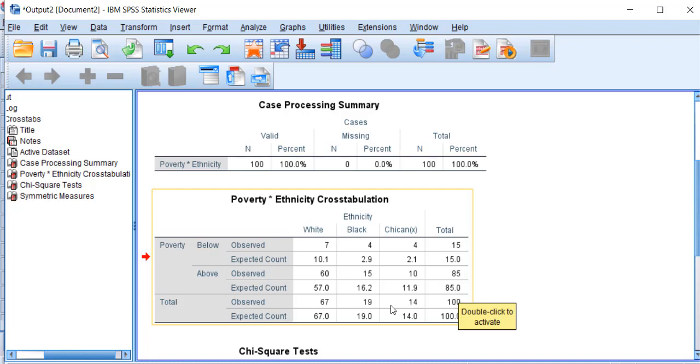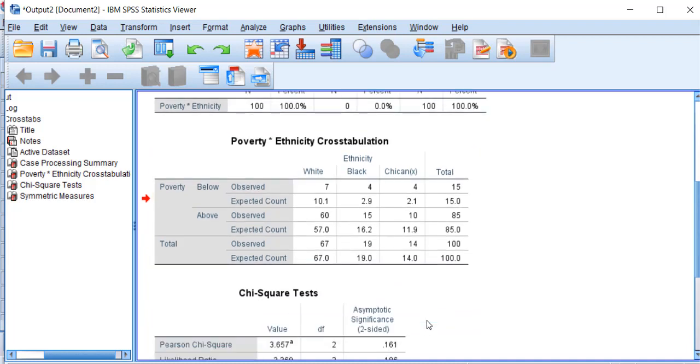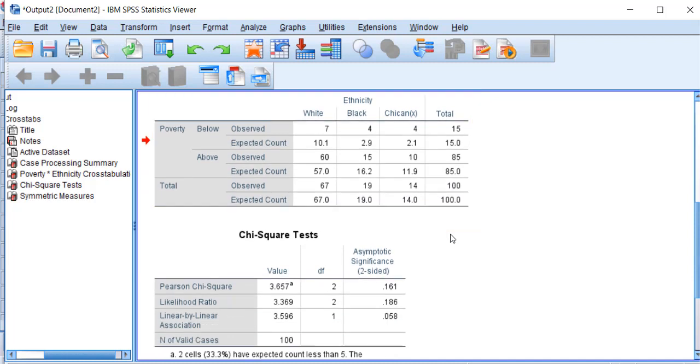So we always have the same number of people in each category. We have the same number of individuals in this black category, but the way that they get split between above and below is a little different if there is an association compared to what is observed. So we see that that table matches with the table that we've created in Excel.